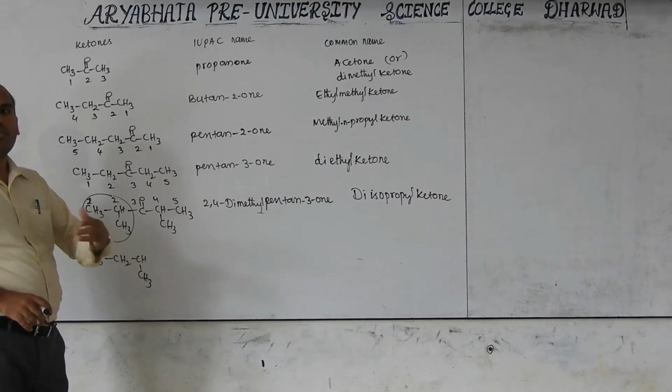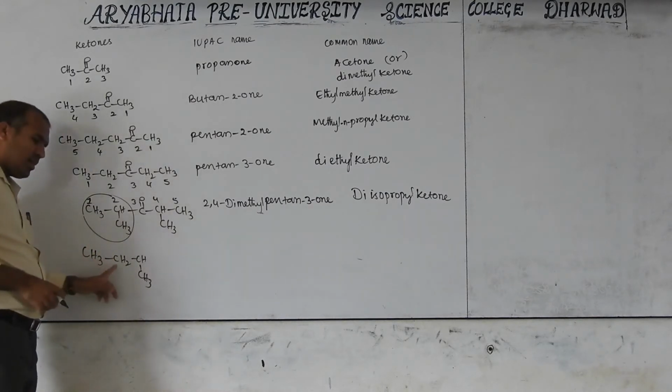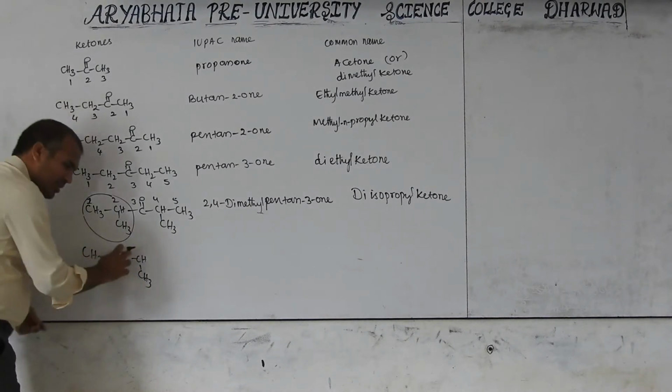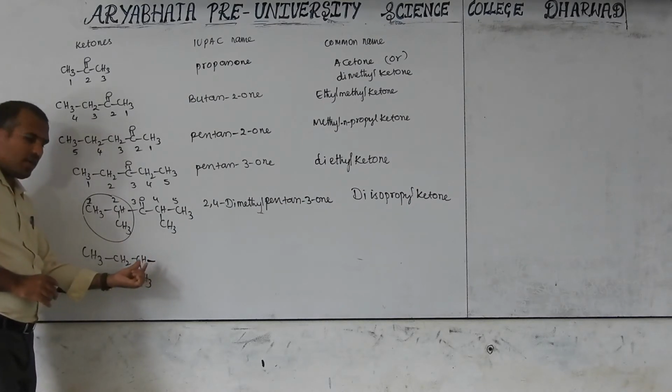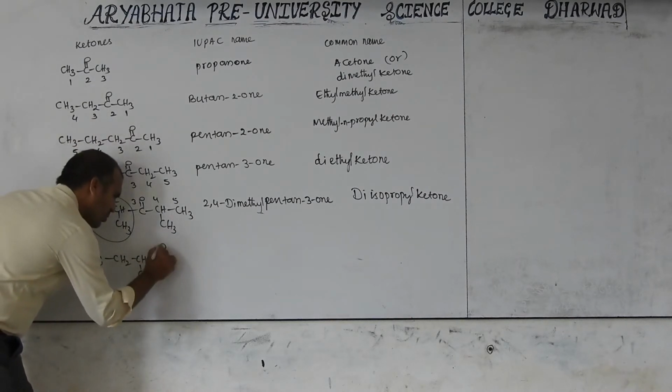If you don't know, once again check how to write the structures. So this is secondary butyl. 4 carbons are there, 1, 2, 3, 4. This carbon is bonded with any other. This carbon is a secondary carbon. Total is secondary butyl, now bonded to the keto group.